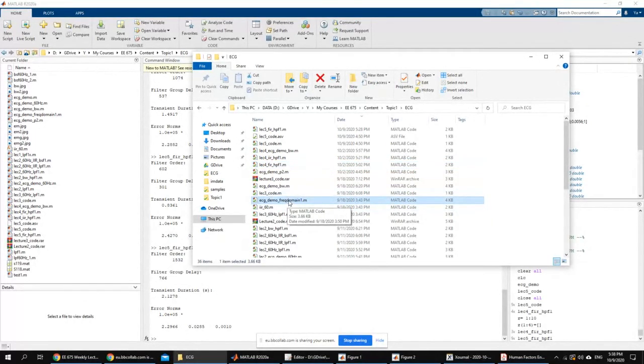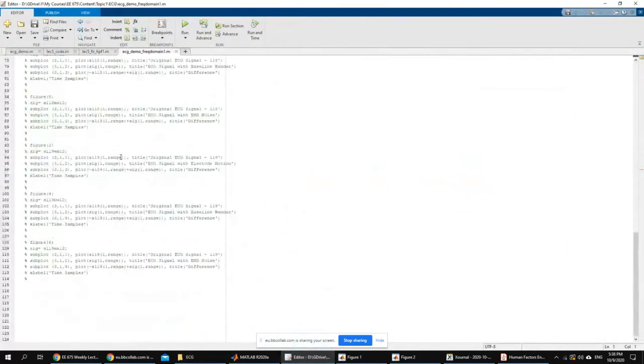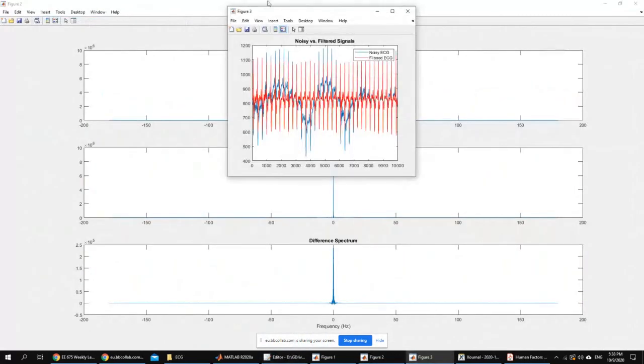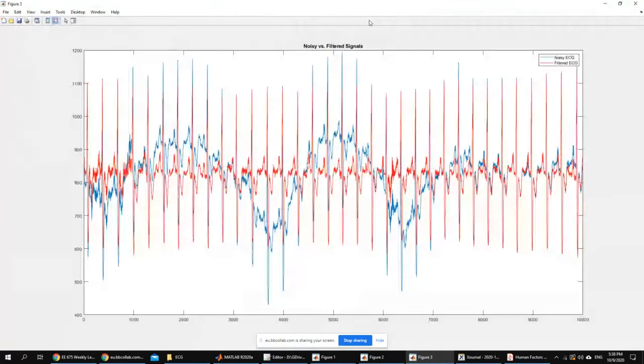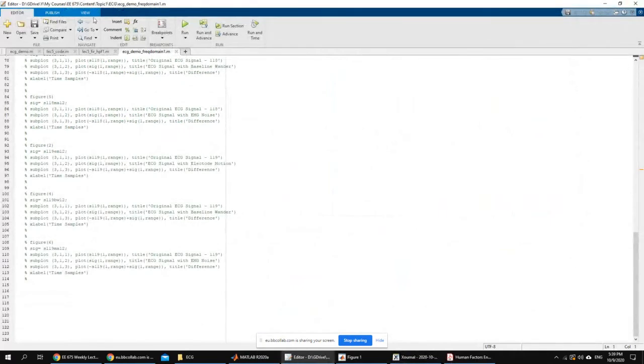Let's try that here. I think this is the one that we had, noisy versus filtered with the ECG. So you can do exactly the same thing. This is a spectrum in the same exact code.